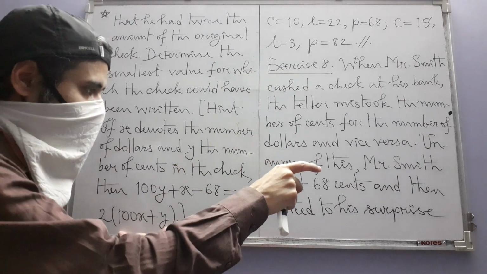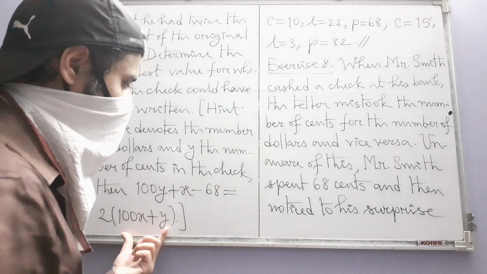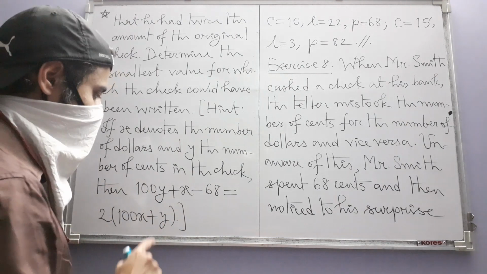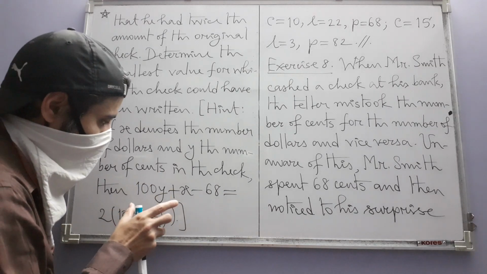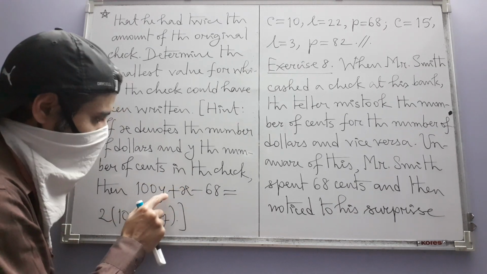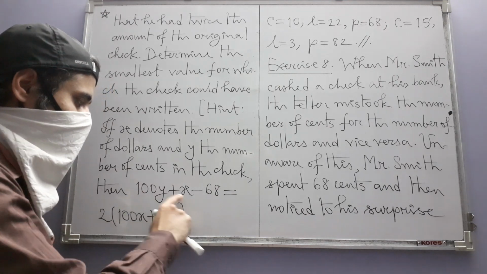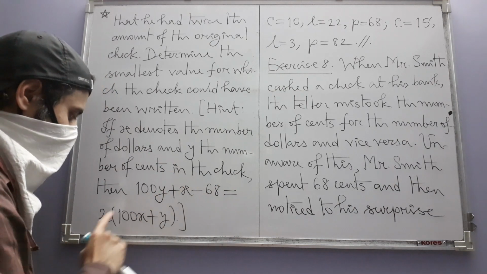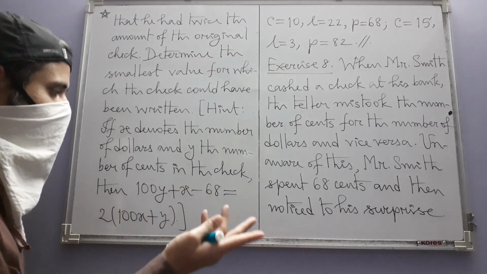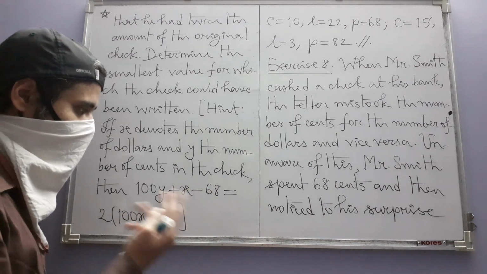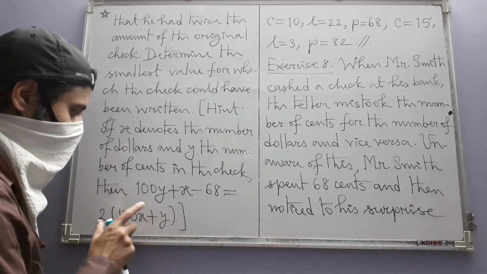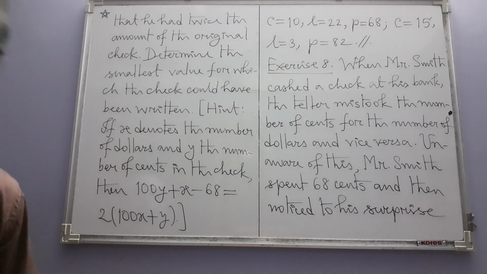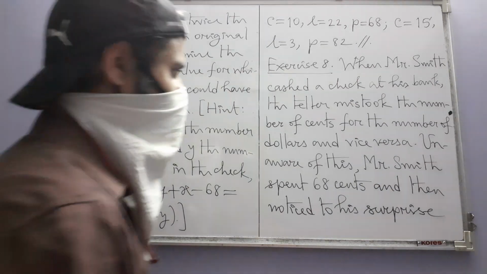This should have been written by the teller himself. But the teller switched these two things, messed this up, and thus paid Mr. Smith this many cents, 100Y plus X, which Mr. Smith took with him, and from that he spent 68, and then he saw that strangely he still has more money than what he intended to withdraw. In fact, twice the actual amount. Okay, so that's why this equation is arising. Now we have to solve this equation.